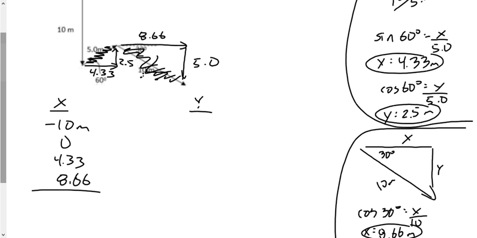Negative 10 plus 4.33 plus 8.66. What does that work out to be? Positive 2.99. Now let's do the y components.